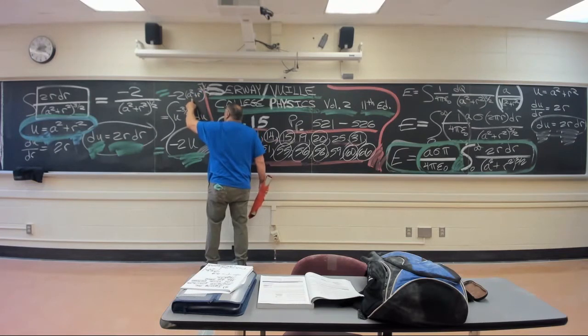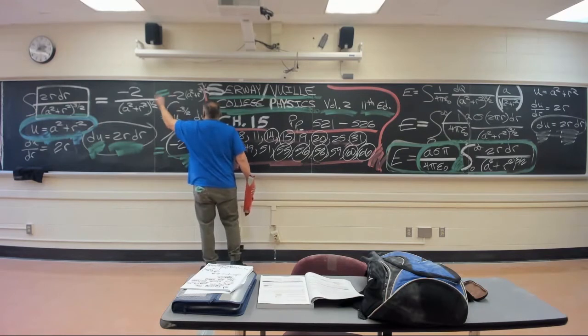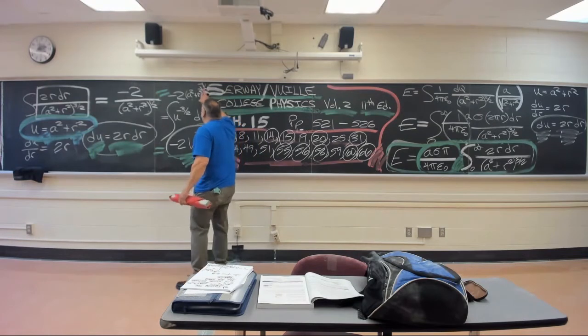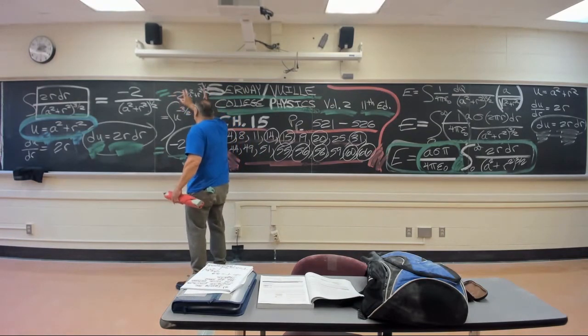The quantity a squared plus r squared to the negative 3/2, times negative 1/2 times negative 2, which is 1. That's the power rule here, and we're using the chain rule.